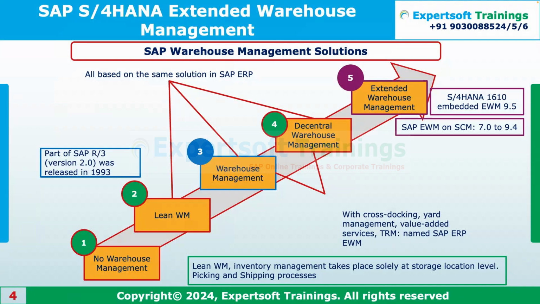So in that case, you have just your storage location as the smallest organizational level, and your day-to-day activity you can perform: you can create a PO, receive a material, and store it at the storage location. But within that storage location where you have kept the material, you cannot track it.